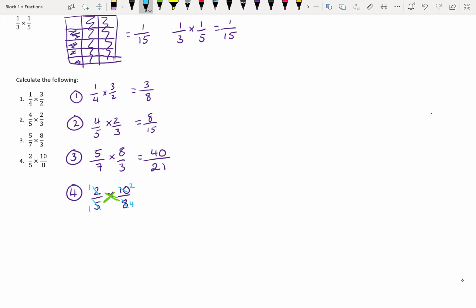So now we can carry out the multiplication using these new numbers in blue. What we've done is simplify the fractions to make them a little bit nicer to deal with. So 1 times 2 is 2, over 1 times 4 is 4. And looking at my end answer, I can see that 2 over 4 simplifies down to give me 1/2. So that is my answer here.